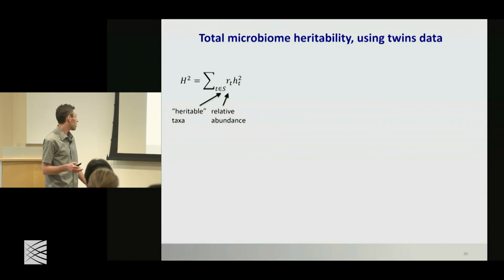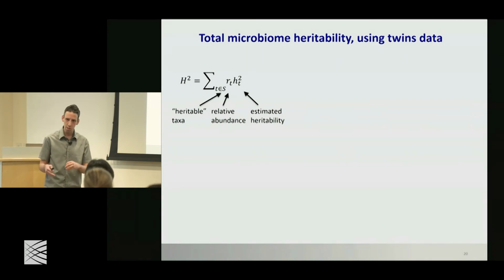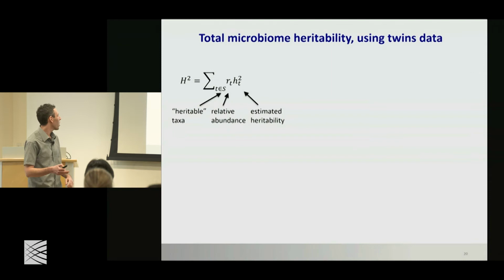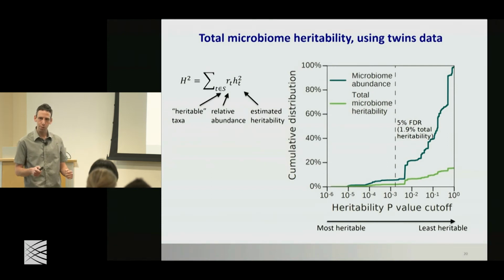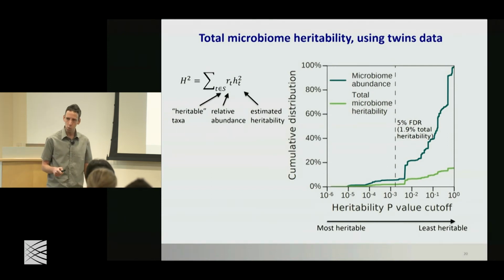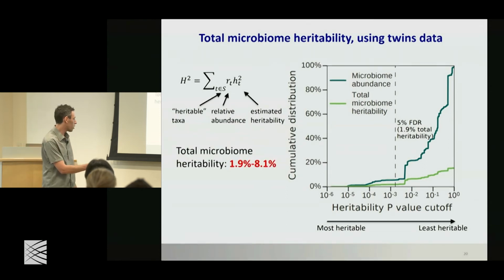And for every taxon, we just multiply the relative abundance with the estimated heritability based on the results reported in the previous paper. So we didn't do the analysis ourselves to not jinx it. And so we took all the bacterial taxa from the Twins UK dataset, which is a dataset of around 1,100 twin pairs from the UK, and we sorted them from most heritable to least heritable.